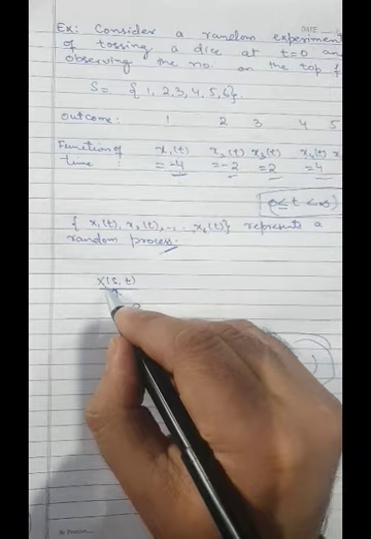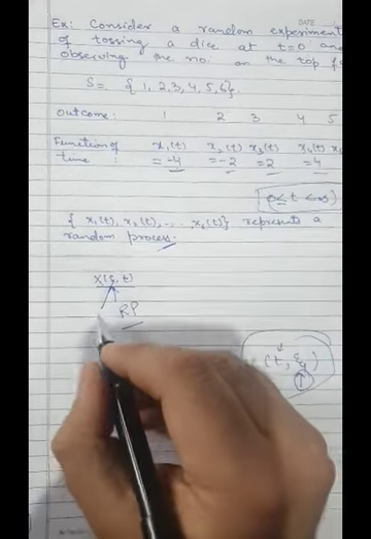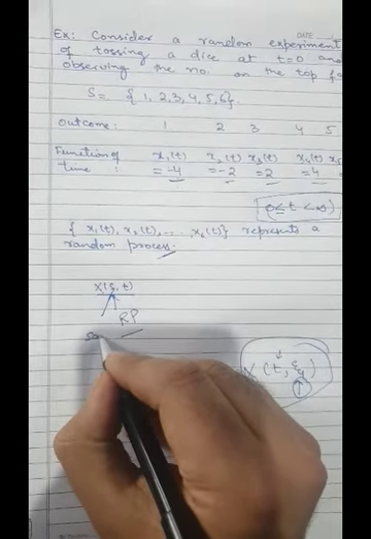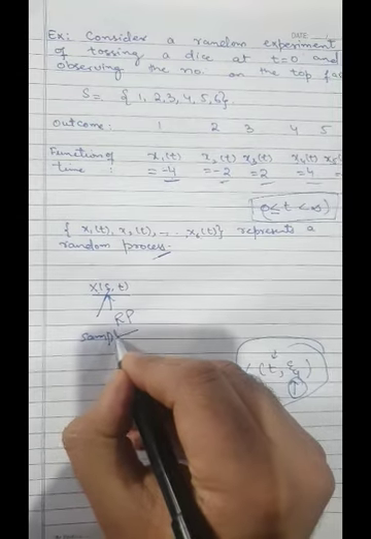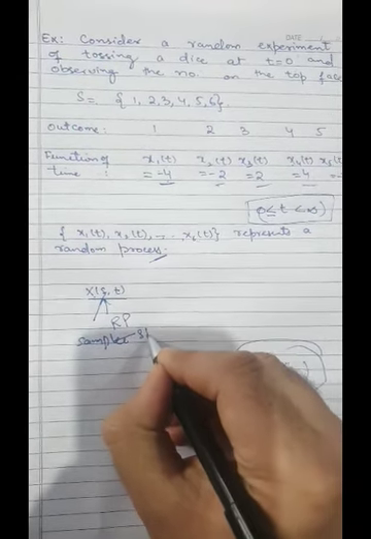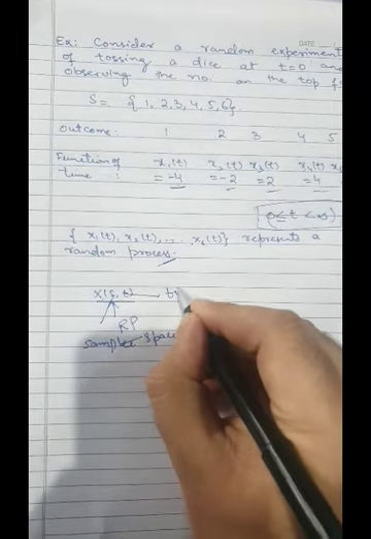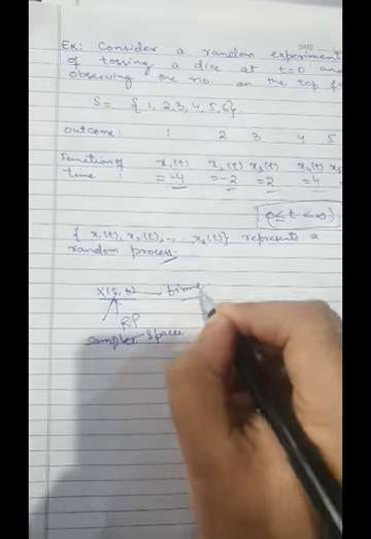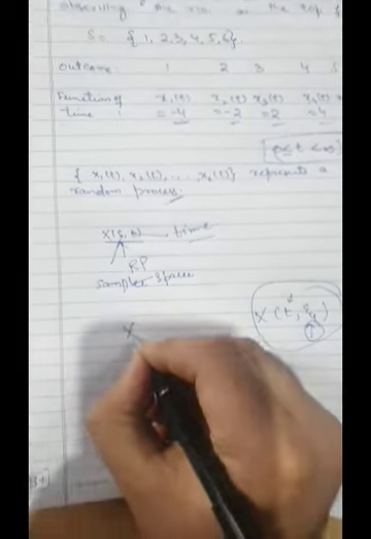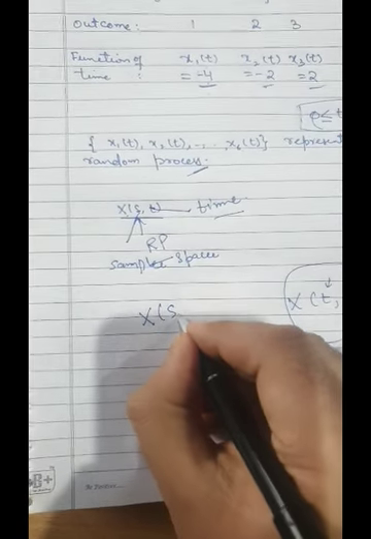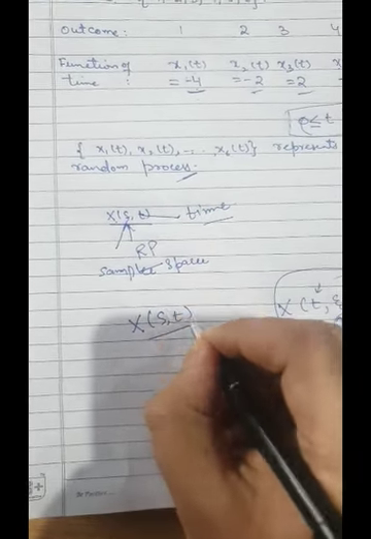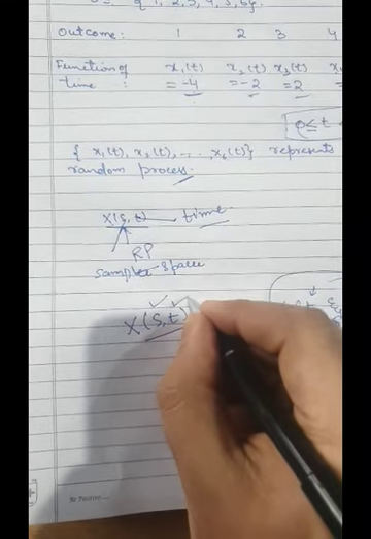That means it's a function of s, where s is nothing but your sample space, and t is nothing but your time. That means X(s, t) is a function of the sample space as well as time.